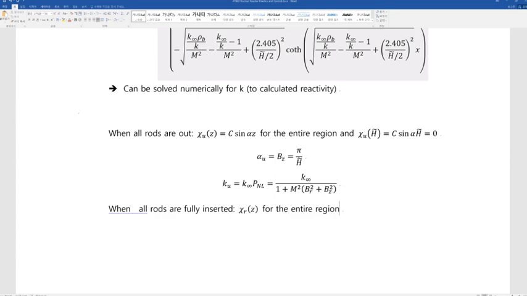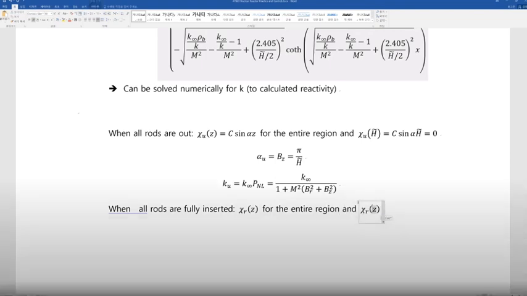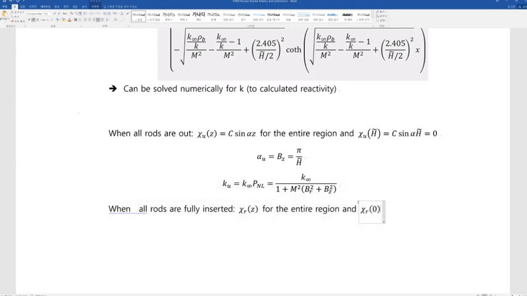And of course, in that case the boundary condition would be that when z equals 0, it should also be 0.